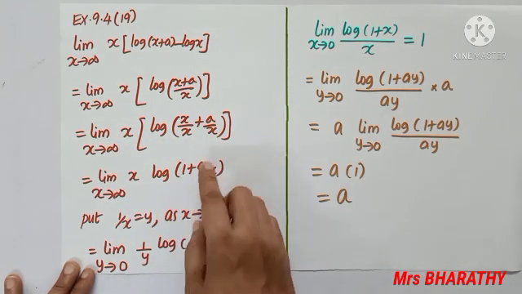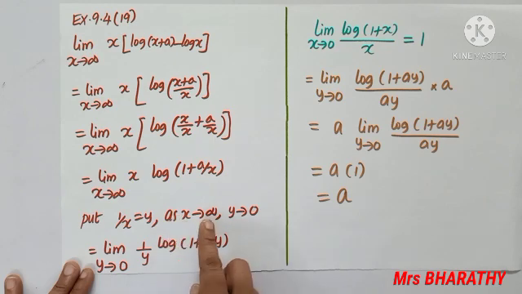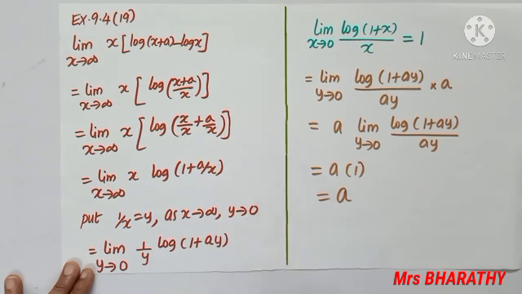So, everywhere I have this 1 by x term, put that 1 by x as y. When I put 1 by x as y, x tending to infinity tells me y will be 1 by infinity, that is 0. So, as x tends to infinity, y tends to 0.